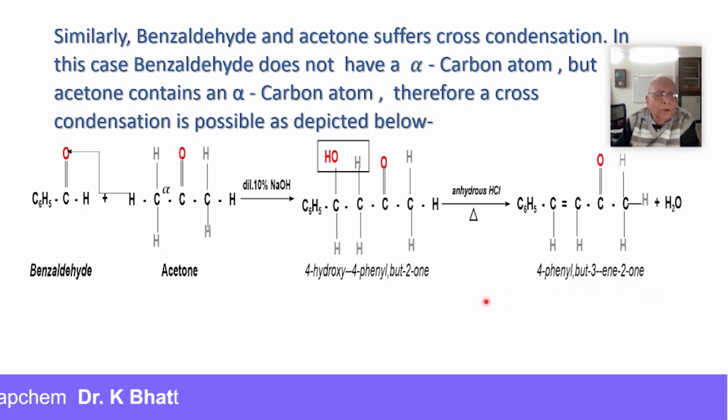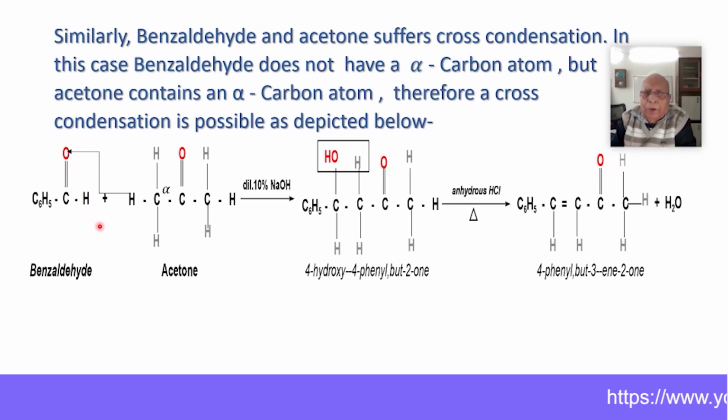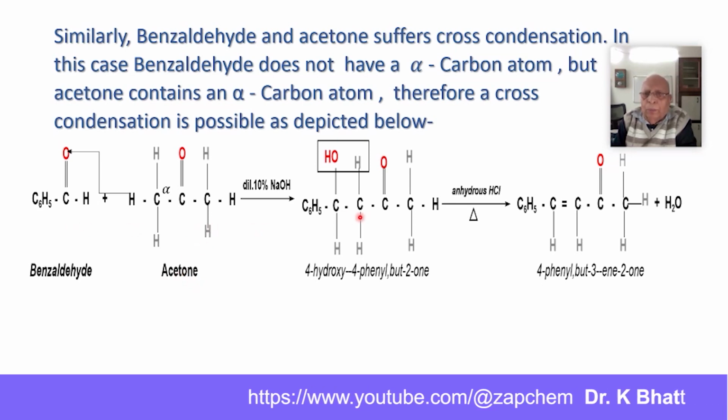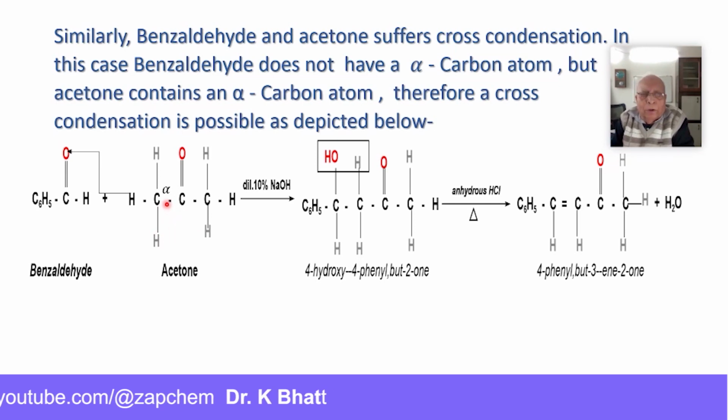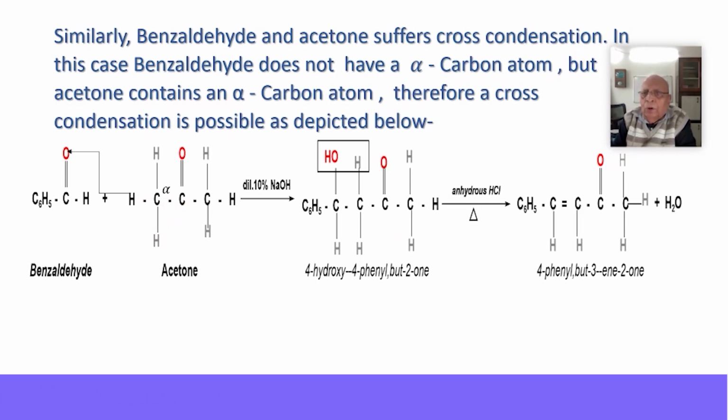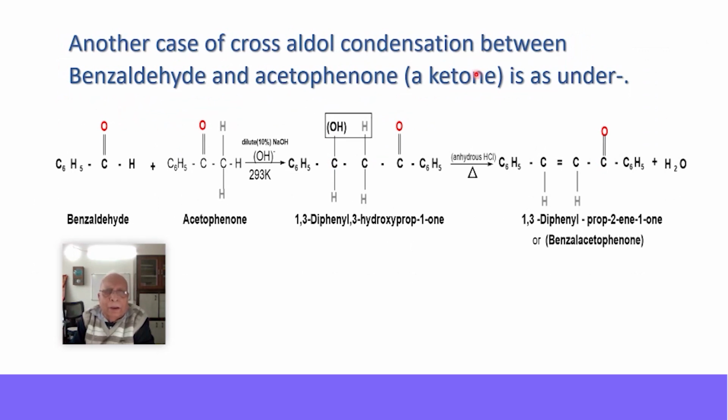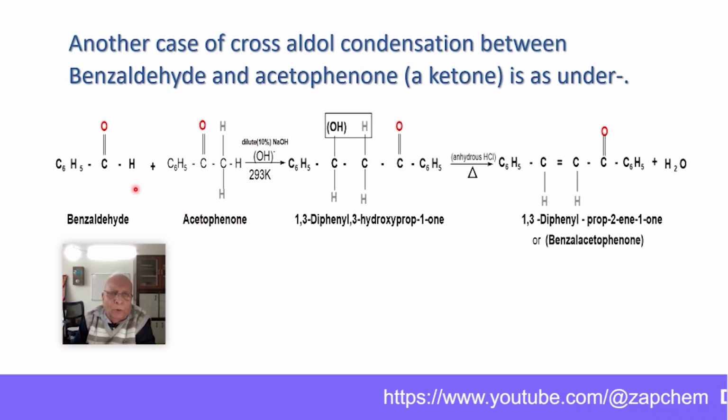So it's very simple to make out the products of aldol condensation, provided you identify which would be a nucleophile and which would be an electrophile between the two, and you have to identify the alpha hydrogen atom or the alpha carbon atom present in the compound. So next is another case of cross aldol condensation between benzaldehyde and acetophenone.